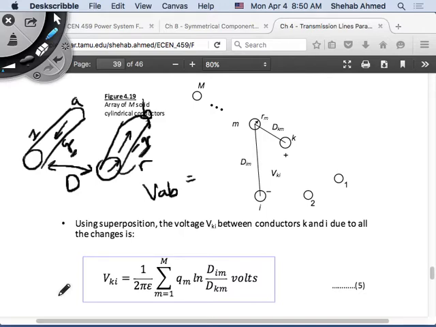One conductor is charged with charge Q, evenly distributed, and the other one is with minus Q, evenly distributed. This is a 1 bonus point quiz, 1% bonus on the whole grade.